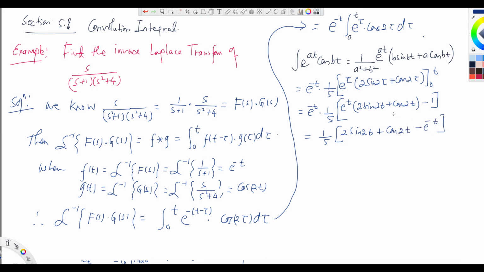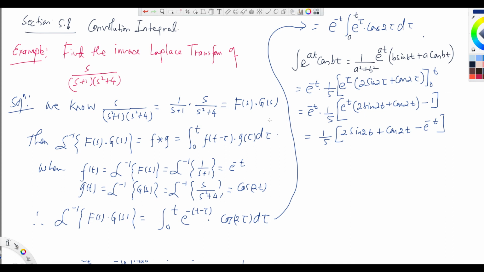This is what you will get. So basically that is the answer for the inverse Laplace transform of this function. So basically when you take the inverse Laplace transform, sometimes the convolution helps. Sometimes the convolution is easier than the partial fraction method.